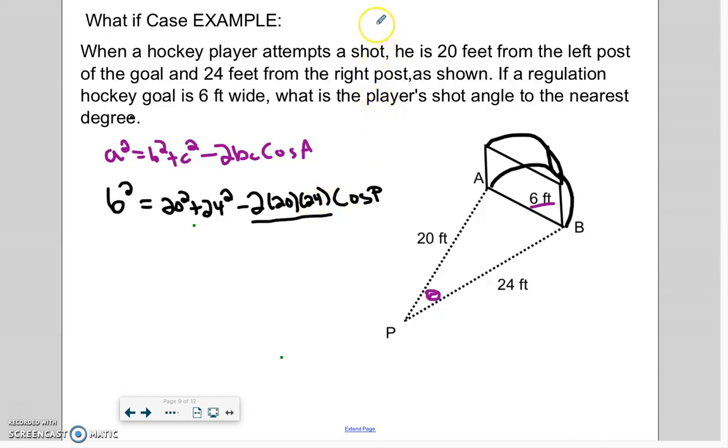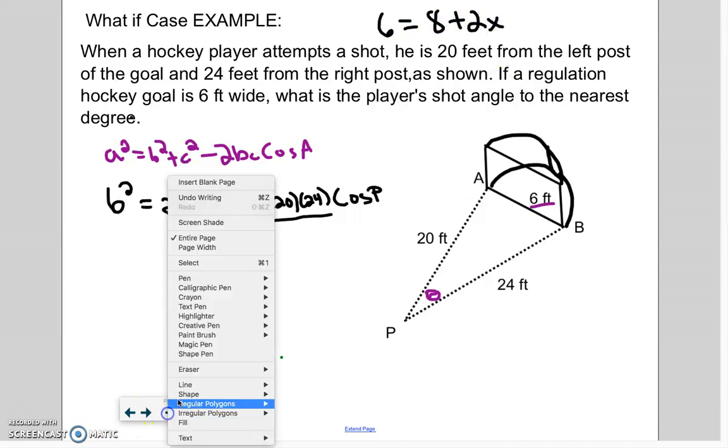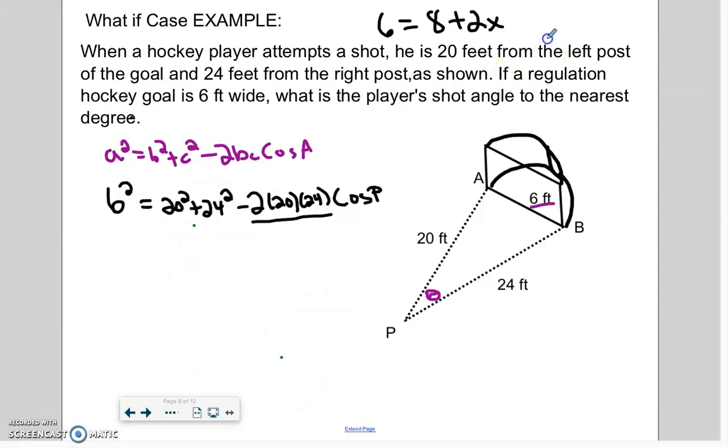Think about this problem as 6 is equal to 8 plus 2x, where the x is really standing for the cosine of P. To solve for x like you do in a linear problem, you subtract 8 and divide by 2, and then you get your value. We did this in chapter 6 by substituting the trigonometric functions with an unknown variable and then putting it back in. We want to know what 20 squared plus 24 squared is, the set value here.